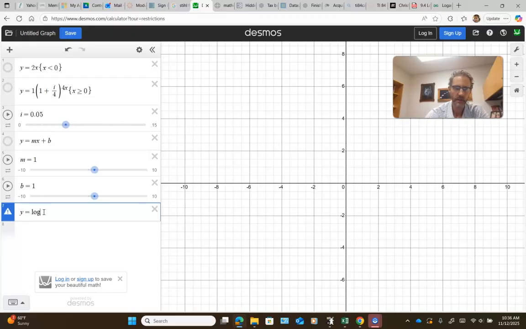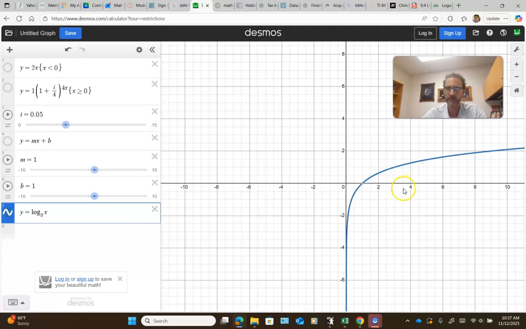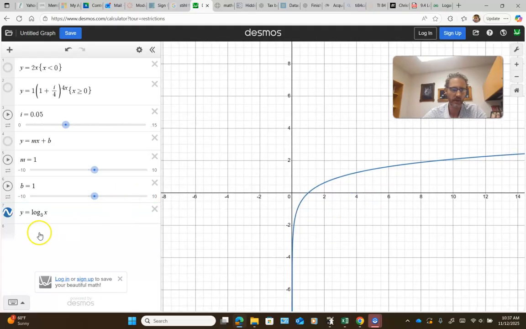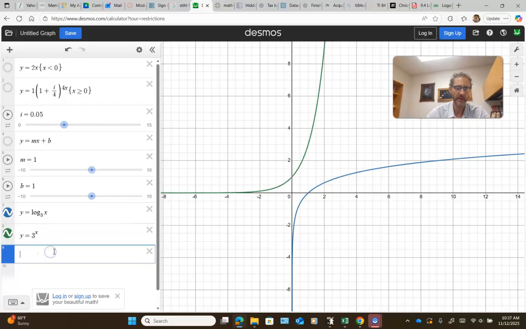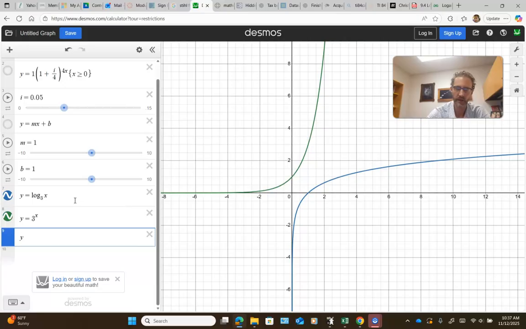To put in the base, you need a subscript, so you have to hit Shift and then the dash key. Then 3, and then scroll to the right and put x, and that gives us our logarithmic curve. And then beside that one, I'm going to graph my exponential function, which is 3 to the x, and there it is. And while I'm at it, I'll go ahead and graph that line of symmetry, y equals x, and there it is.